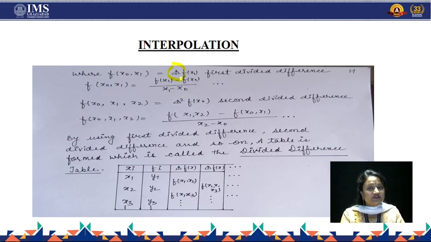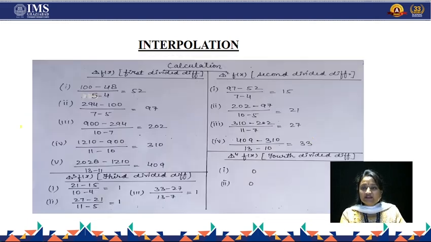Because the power of this is 1, it is called the first divided difference. Again, if we talk about this operator, here the power is 2, which means second divided difference. When the power increases, we get first divided difference, second divided difference, third divided difference and so on.